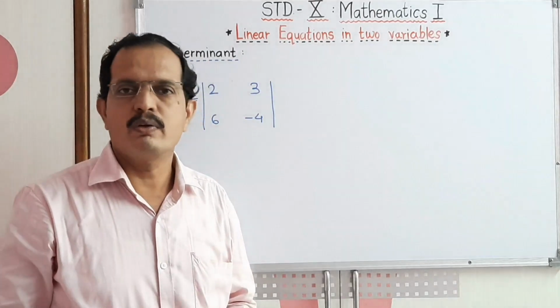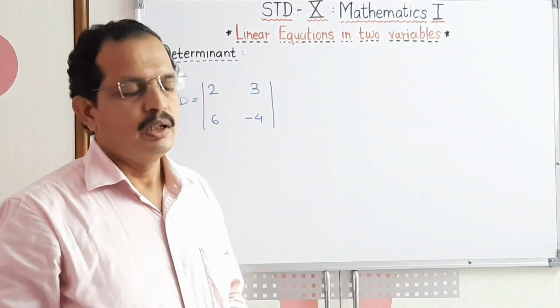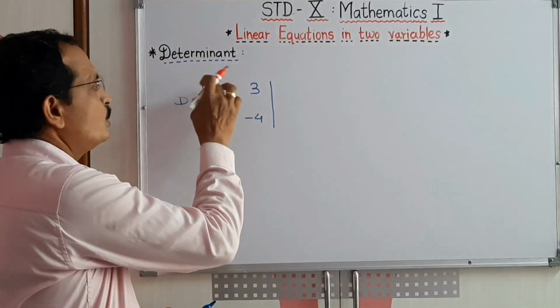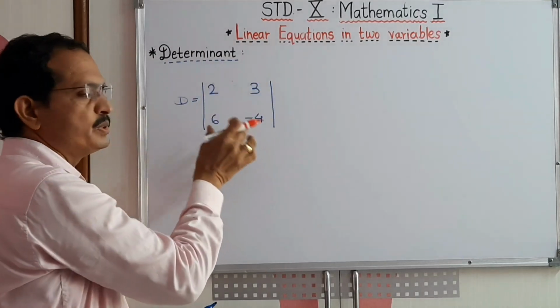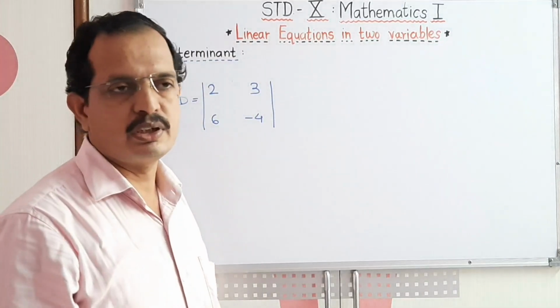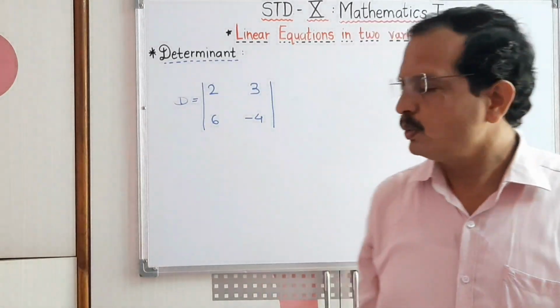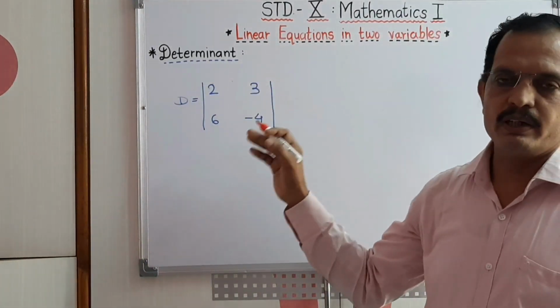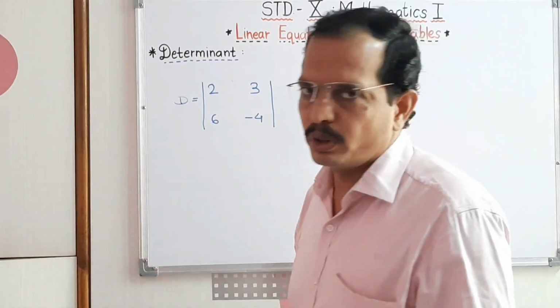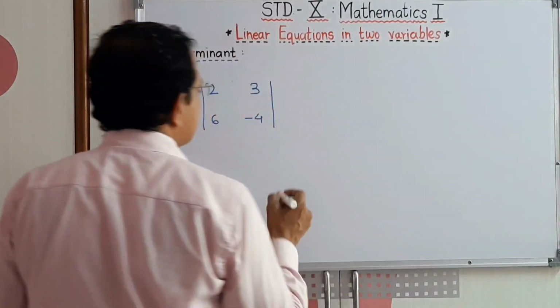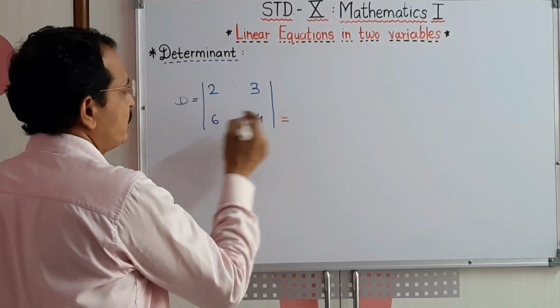We have to find the value of this determinant. Again, there are 2 rows and 2 columns, therefore this determinant is a determinant of order 2, which is the only type we have to learn. Now let's see how to find the value of determinant D.